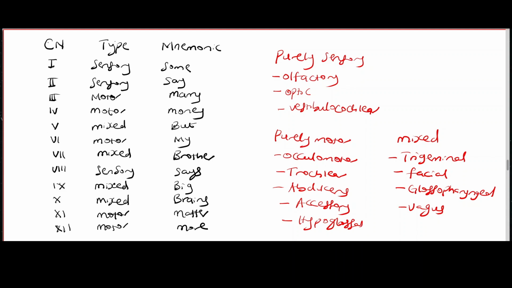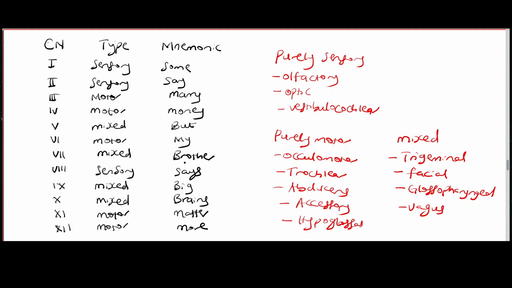So cranial nerve 1 is sensory, 2 is sensory, 3 is motor, 4 is motor, 5 is mixed, 6 is motor, 7 is mixed, 8 is sensory, 9 is mixed, 10 is mixed, 11 is motor, and 12 is motor.